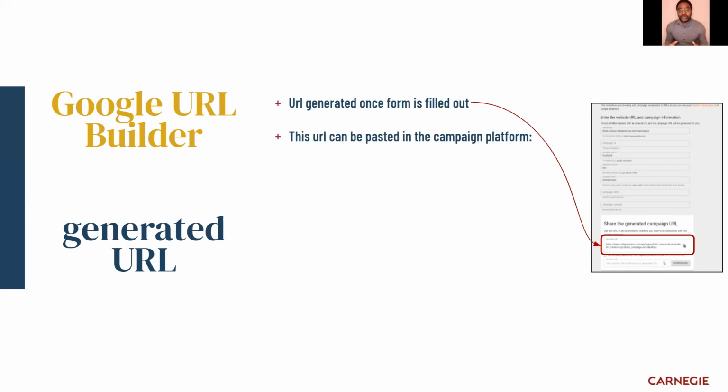Now we'll quickly go through some of the platforms where you can paste this URL. A lot of the advertising platforms are expecting you to be using UTMs, so they'll be expecting you to have this URL and paste it. Examples of those platforms are Instagram, YouTube, and mail. Mail could be email, but what we're also starting to see is some universities sending mail with a QR code.